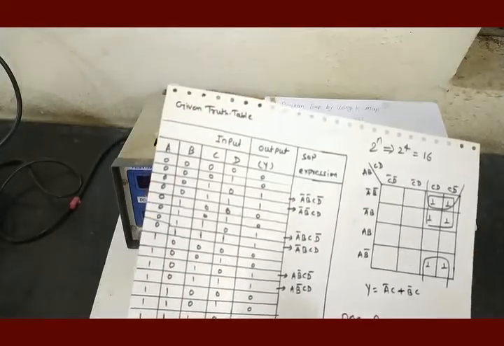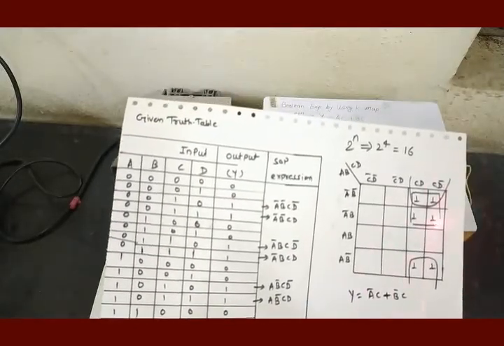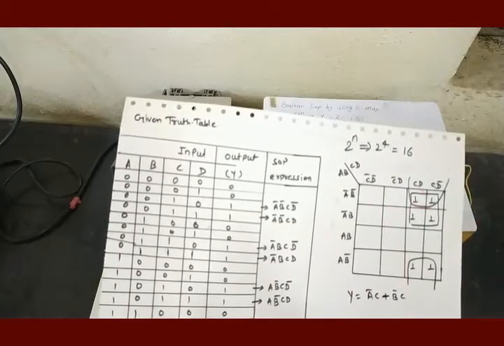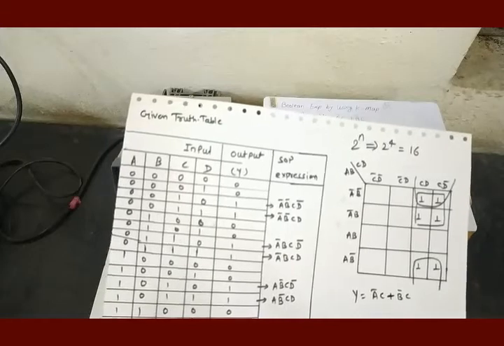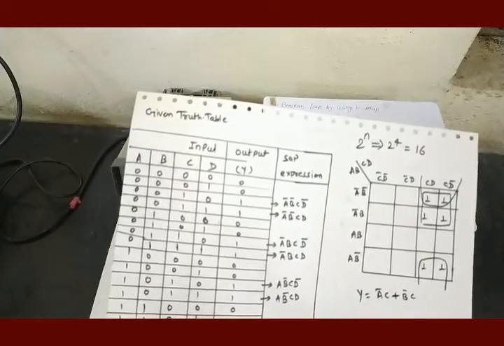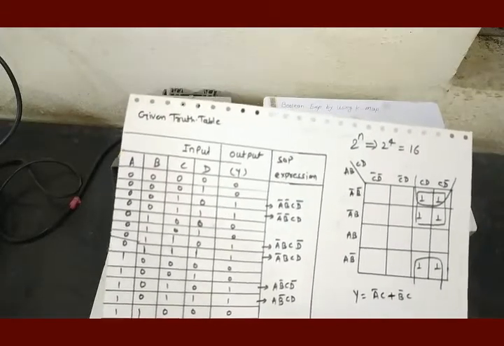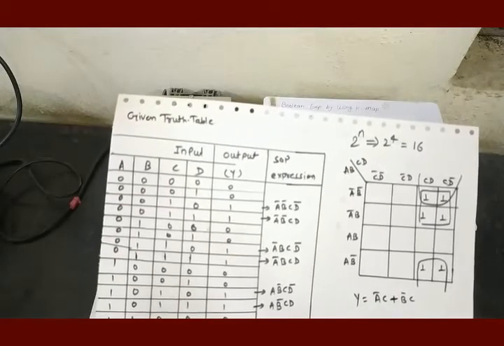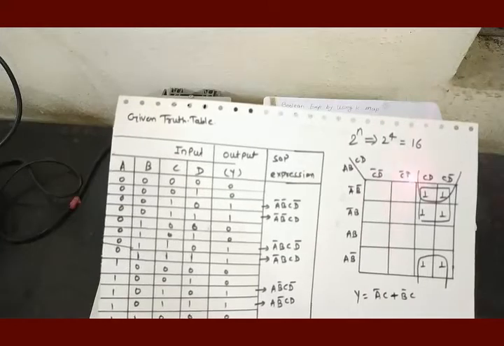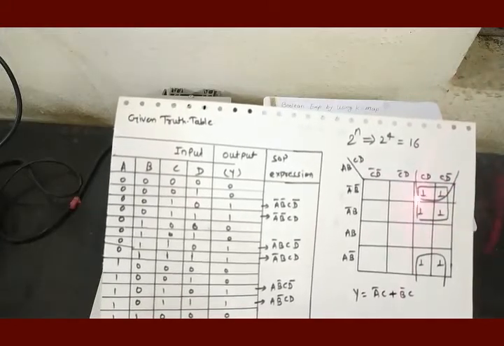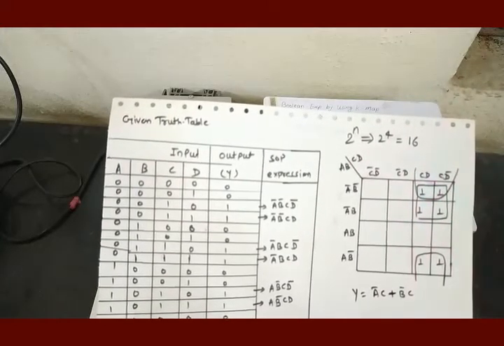Okay. So here there are 4 ones. Whenever we get 4 ones in a square form or in a rectangular form, let us enclose them in a single cell. Just one cell I have drawn, enclosing all these 4 ones.